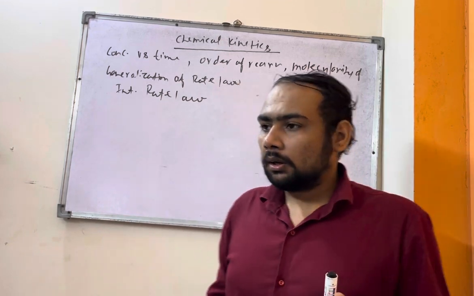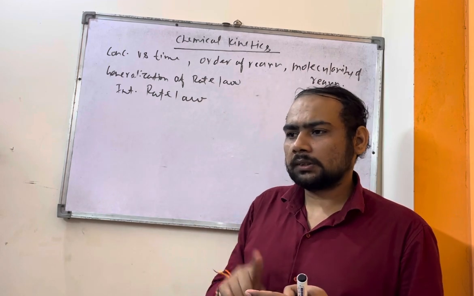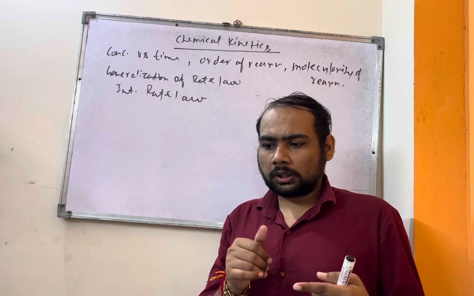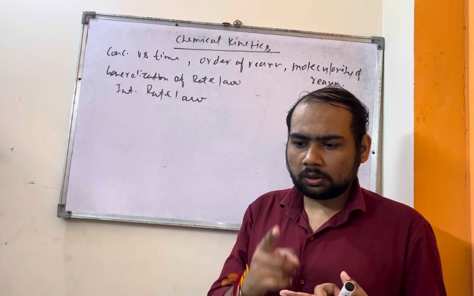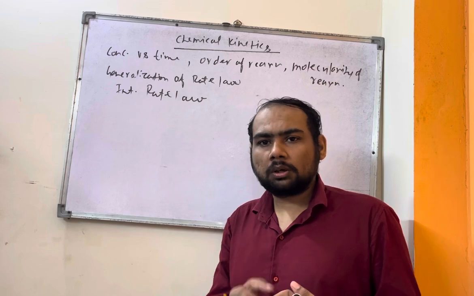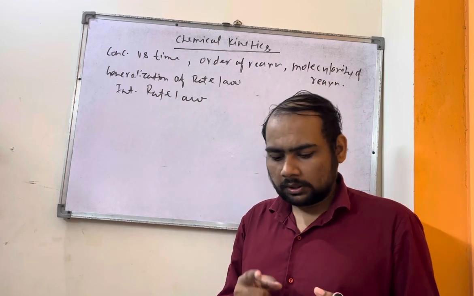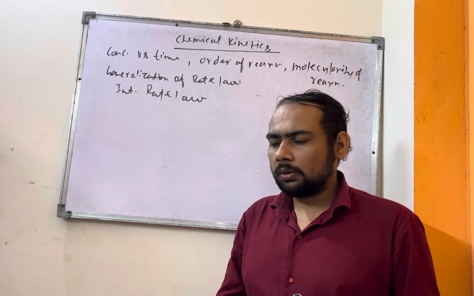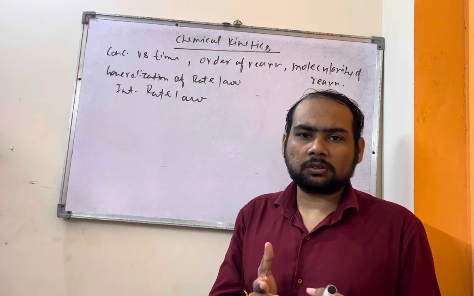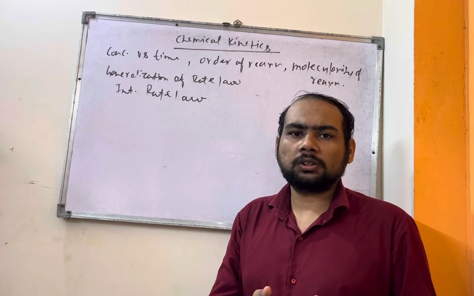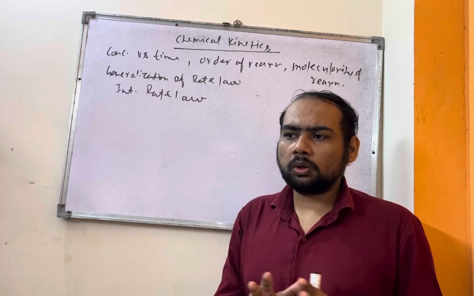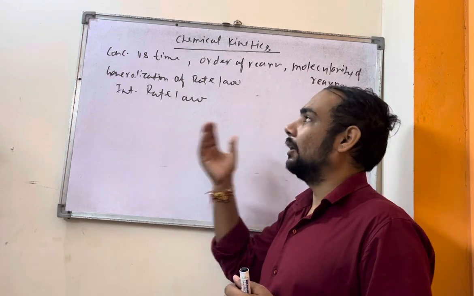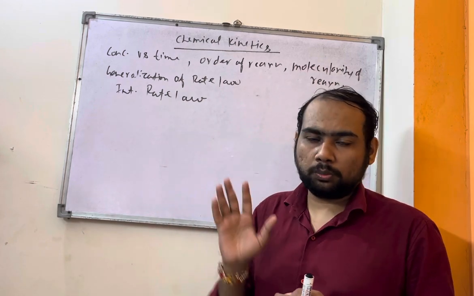But when we ask the same thing with thermodynamics, thermodynamics tells us about the entropy of the reaction, the enthalpy of the reaction, gives free energy, work done, and from the first law, internal energy. So all this thermodynamics tells us, but it doesn't touch upon the rate, how fast it is going to be.